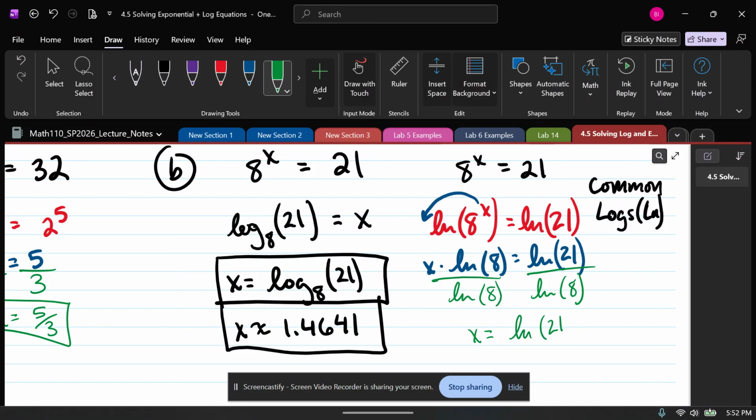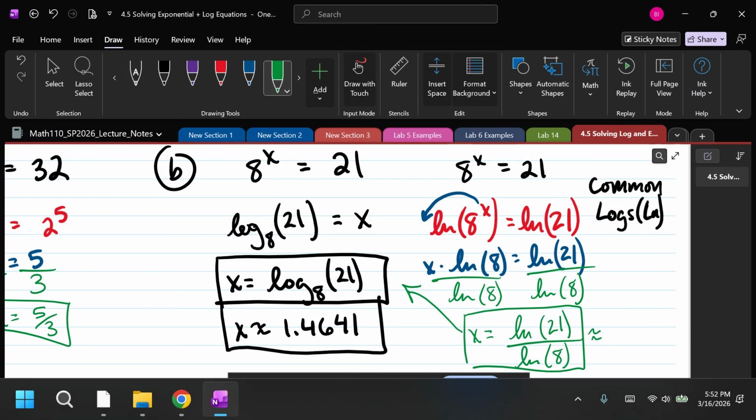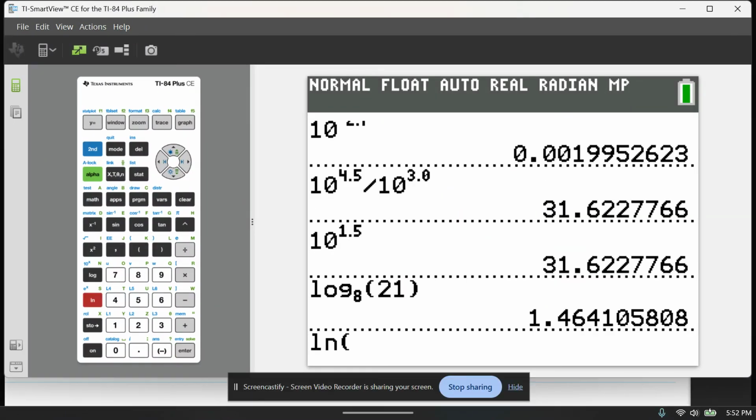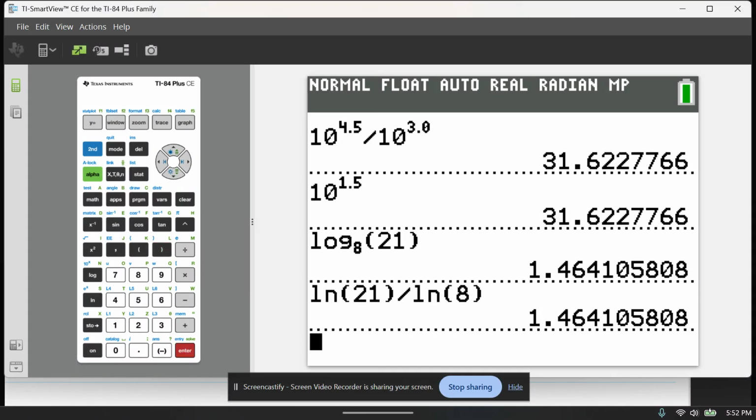Natural log of 21 divided by natural log of 8. If I go to my calculator and I type in natural log of 21 divided by natural log of 8, make sure you close those parentheses after the 21. I get the exact same decimal answer.